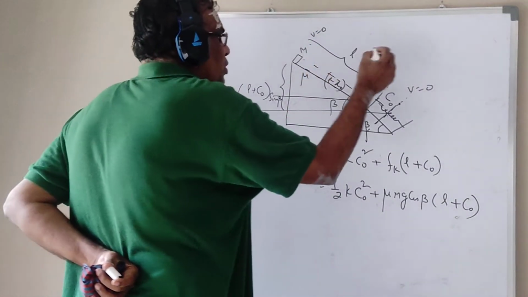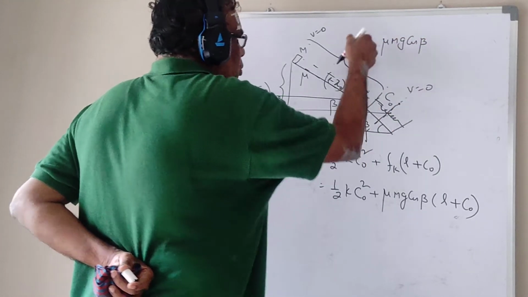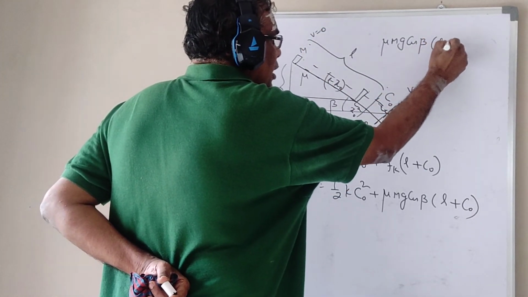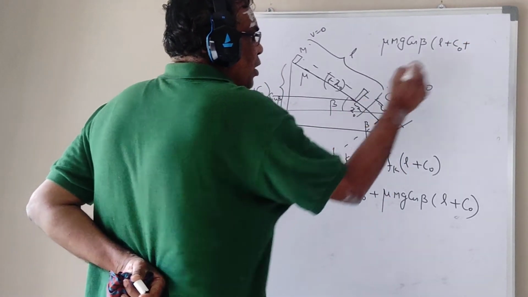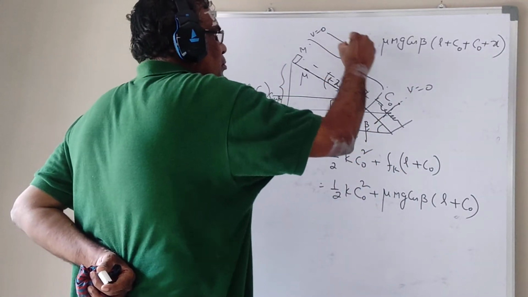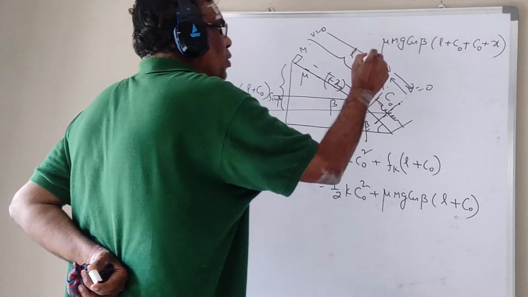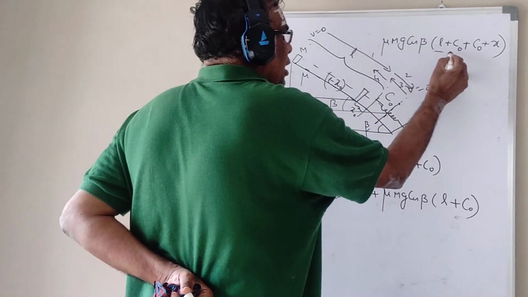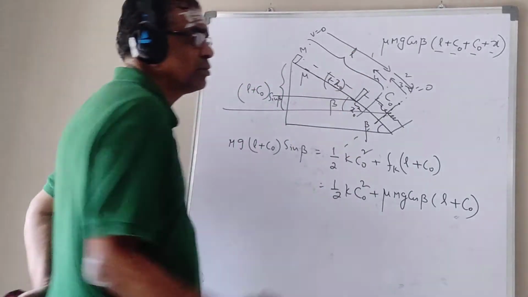Total work done against friction is mu mg cos beta, mu N, into the distance L plus C naught plus C naught plus x. Be careful. This is 1, 2, 3, 4. Total distance: L is 1, C naught 2, C naught 3, x 4.